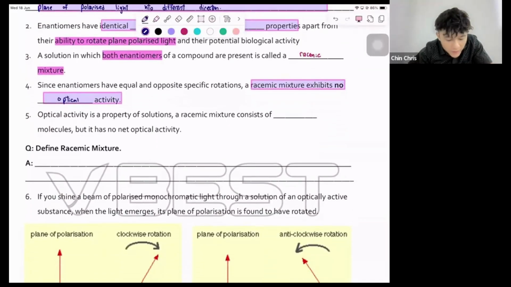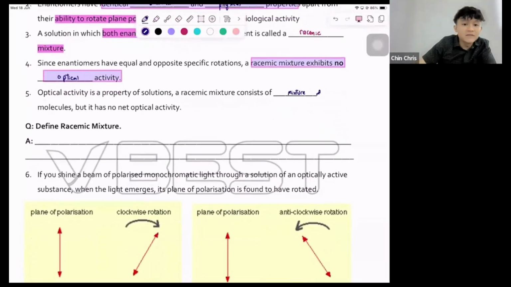Optical activity is a property of solutions. A racemic mixture contains a mixture of molecules, but it has no net optical activity.